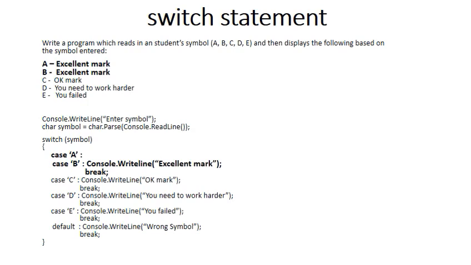So in this case I've changed the program to say if the user enters either an A or a B, I want excellent mark to be printed. So in the switch statement I say case A and I don't say anything, and then it's followed by case B which says excellent mark. Because case A is empty, it falls through to B and prints excellent mark.